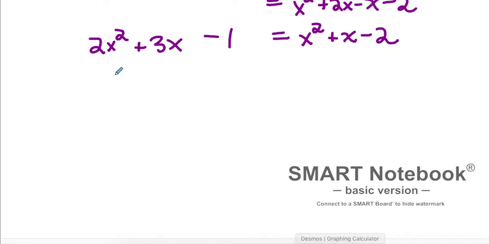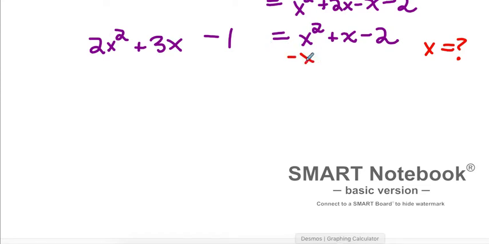Very nice. There are no fractions, so that's good. That was our goal. But you can see it's going to be a quadratic. Because it's a quadratic and we need to solve for x, we're going to get everything on one side because we have to factor this quadratic.